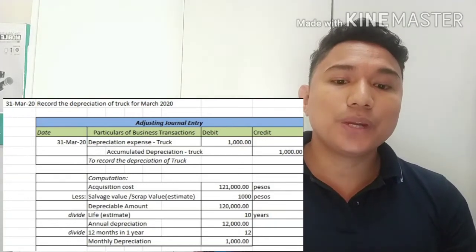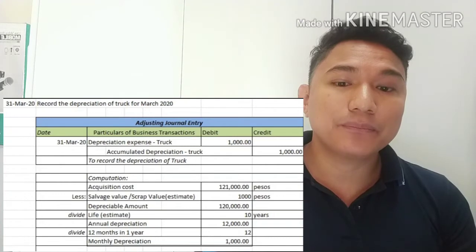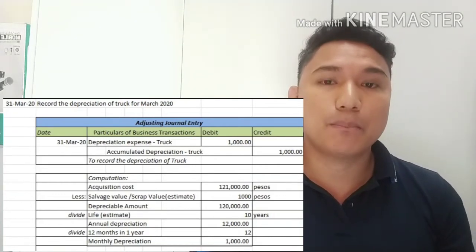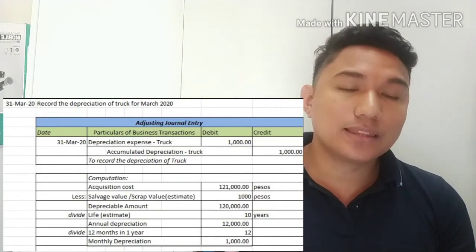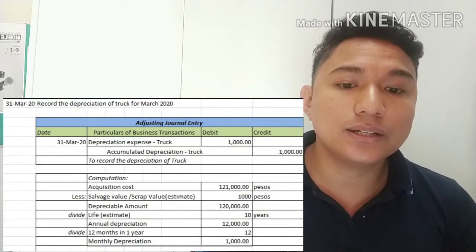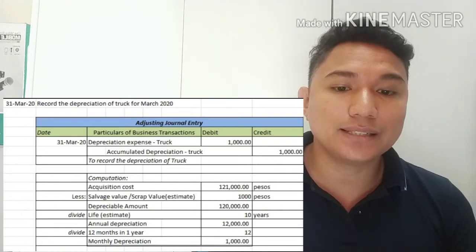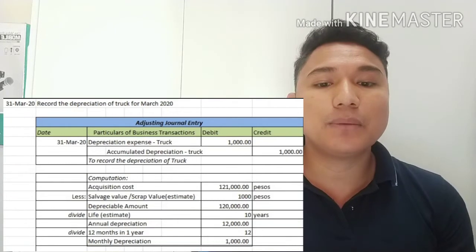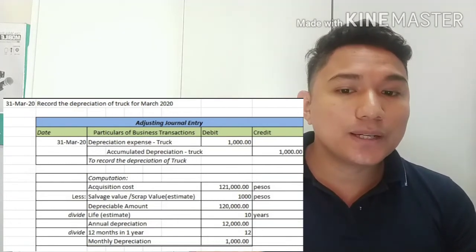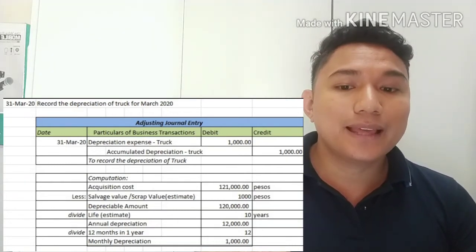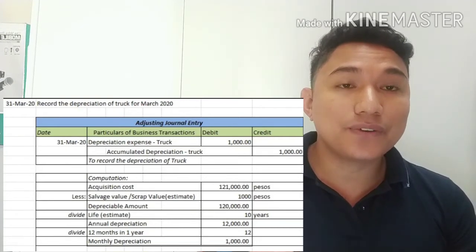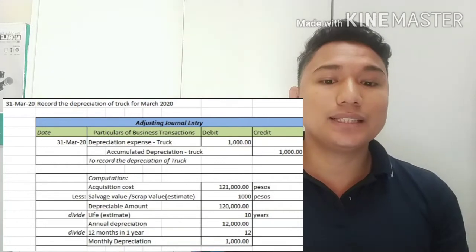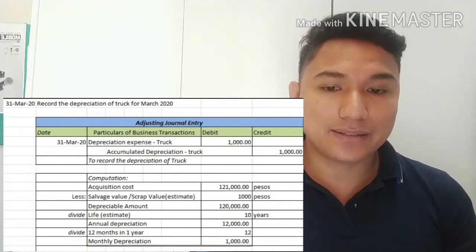So now we are going to get the expense of the truck for the month of March. Since I estimated that the life of the truck is 10 years and we have a salvage value of 1,000, the depreciable amount of the truck is the 121,000 acquisition cost less the salvage value of 1,000, so 120,000.